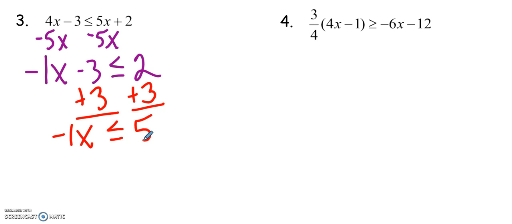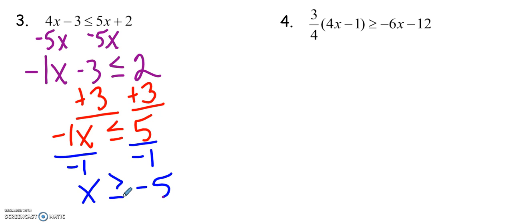We need to end up with a positive x instead of a negative x, which means we have to divide by negative 1. So we have an x on the left, a negative 5 on the right, because 5 divided by negative 1 is negative 5. We flip our inequality symbol around because we divided by that negative 1. If we divided by a positive number, we wouldn't reverse it. So only if you actually divide by a negative number.